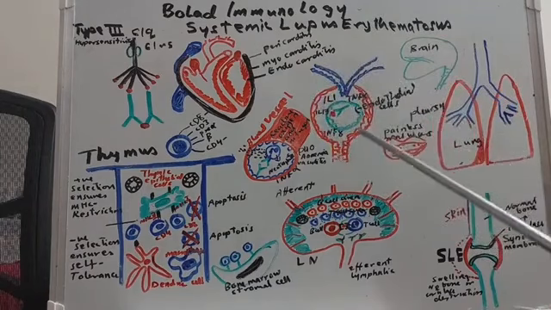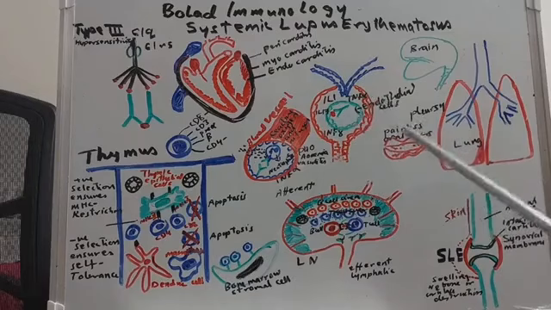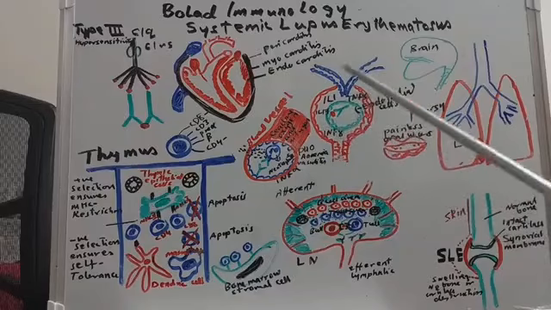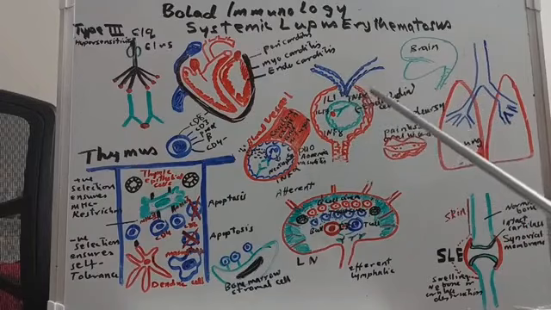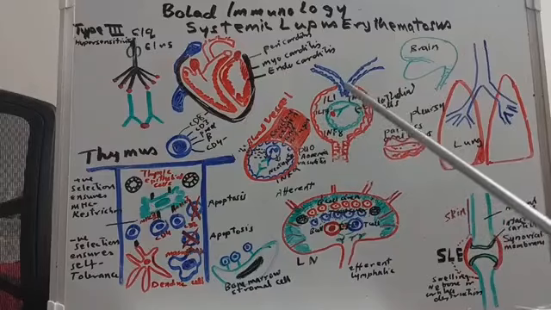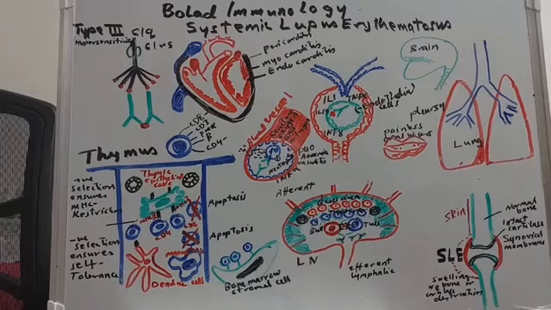The deposition of immune complexes will lead to what is called lupus nephritis, and this deposition triggers formation of cytokines, for example tumor necrosis factor alpha, interleukin 1, interleukin 17, and interferon gamma. These are pro-inflammatory cytokines and lead to inflammation, or nephritis.